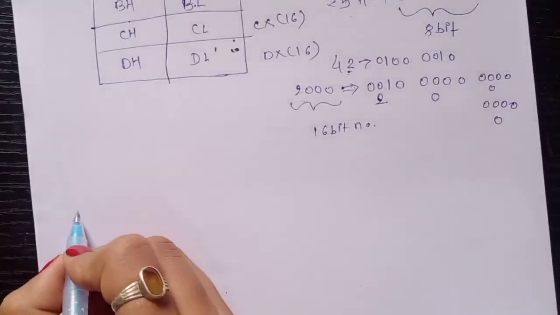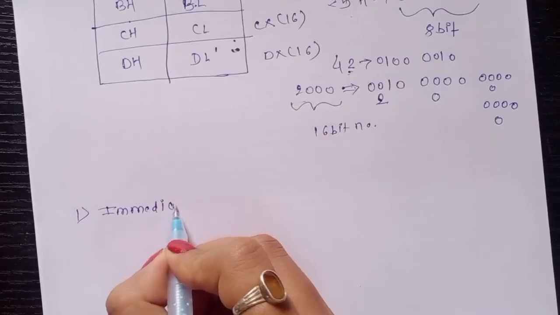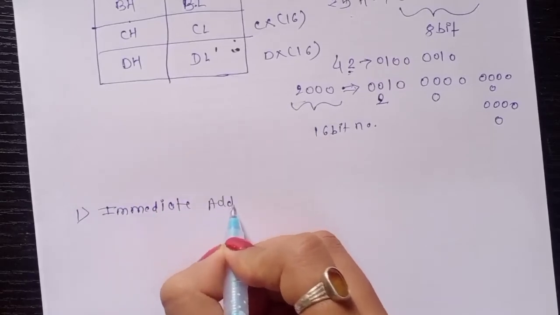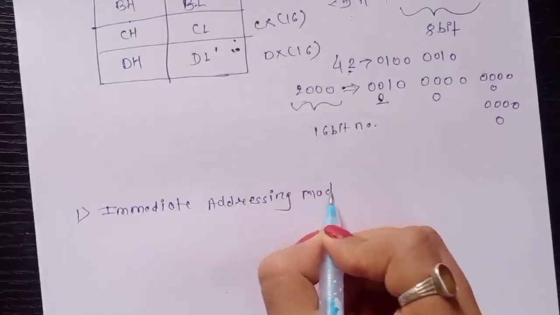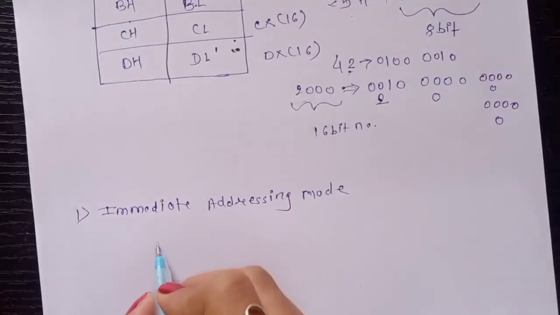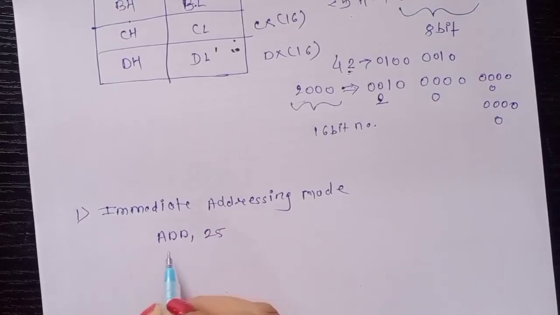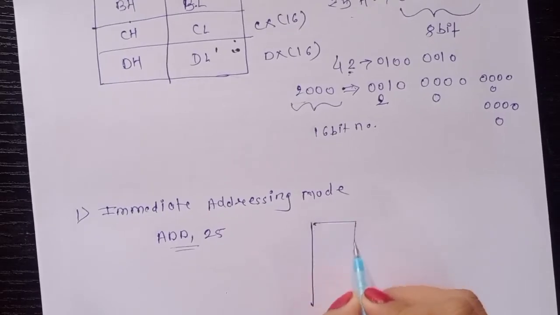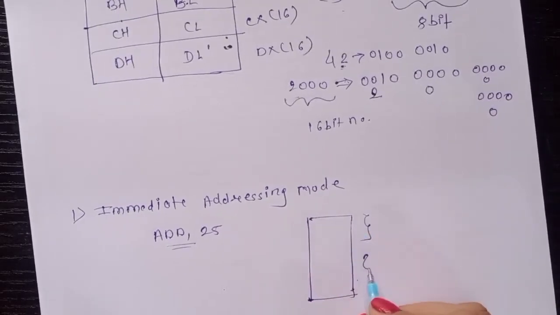So the first addressing mode is immediate addressing mode. Immediate addressing mode means data is directly given in an instruction. Let's say this is your instruction. Now this is memory. In the first part of memory, programs are stored. In the second part of memory, data is stored.